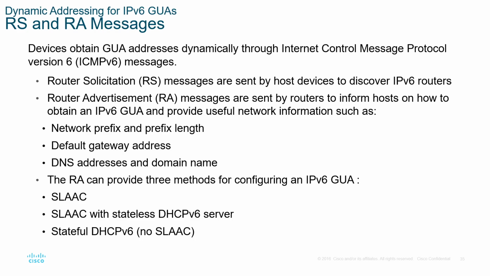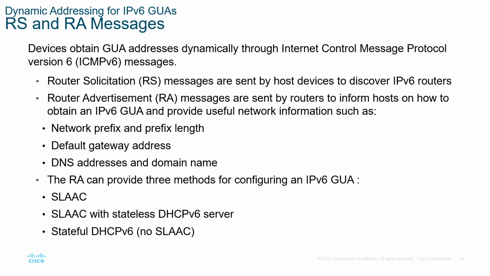In the Cisco world, if we're using the ICMP version 6 message formats, we can request from the router or the Cisco device with a router solicitation message: hey, I'm on the network, I'm running IPv6, and I need an address. The router will respond with an RA that's sent out by the routers to inform hosts on how to obtain their GUA address.